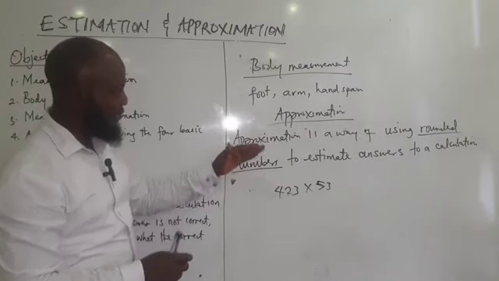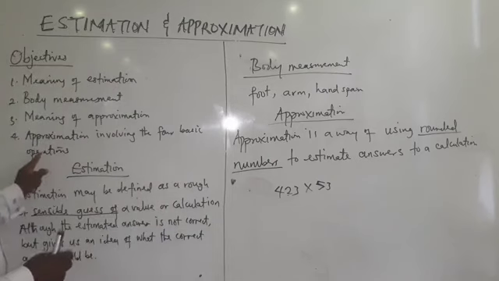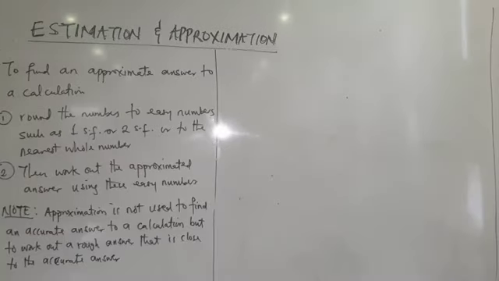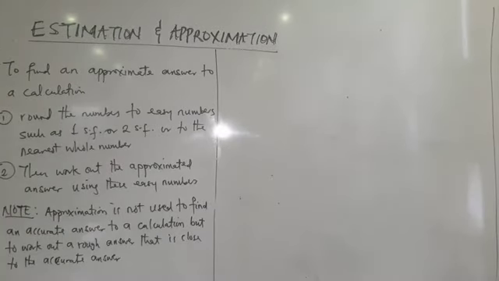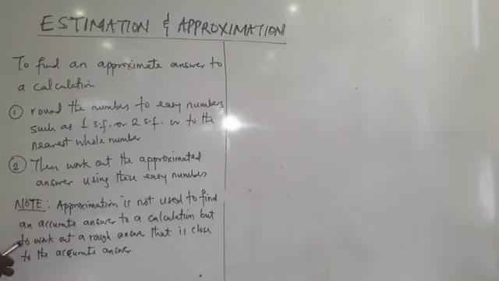What are the processes involved in approximation? Let's look at that before we look at calculations involving the four basic operations, which is to find an approximate answer to a calculation. We are going to follow the following steps. The first one is to round the numbers to easy numbers.